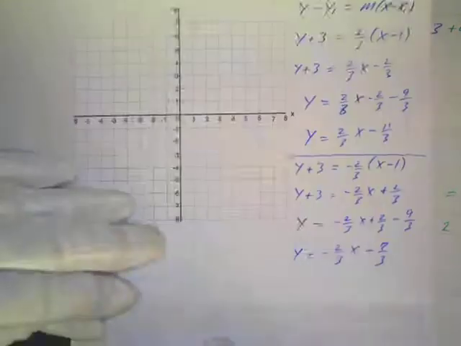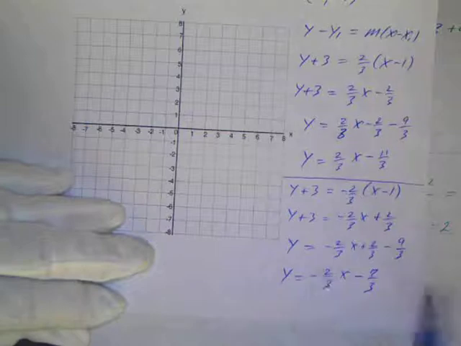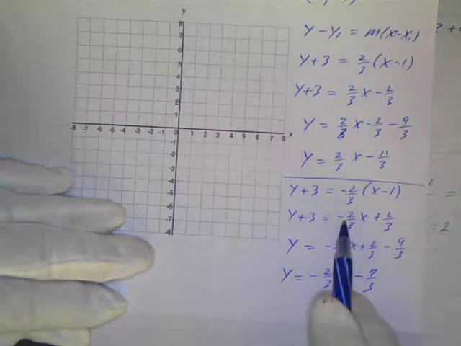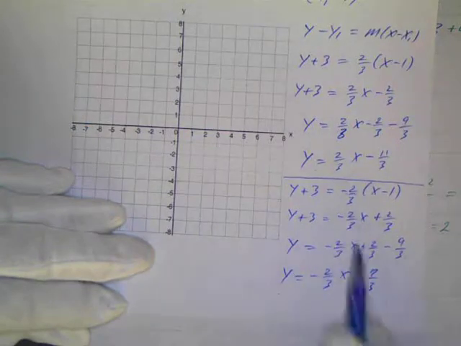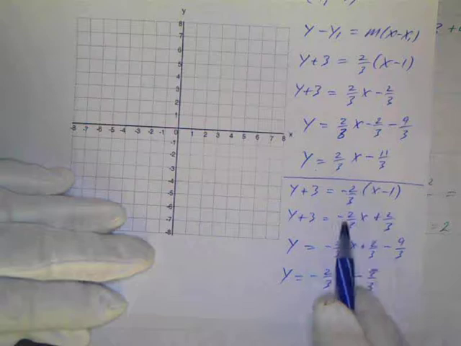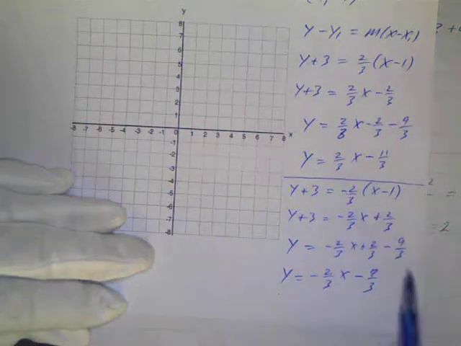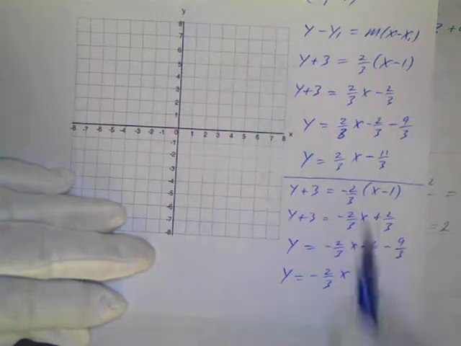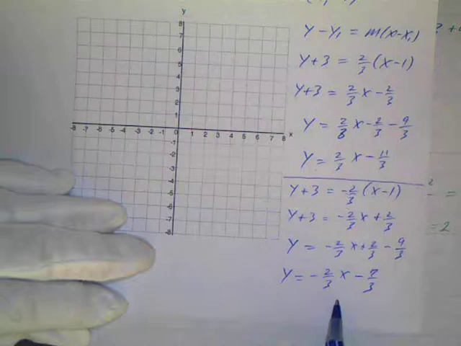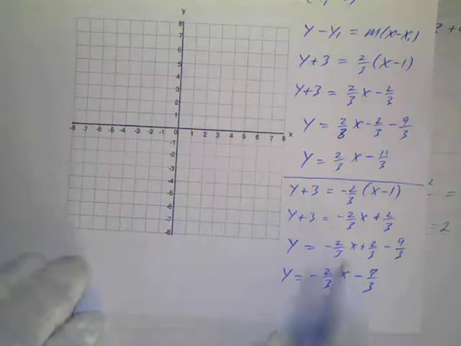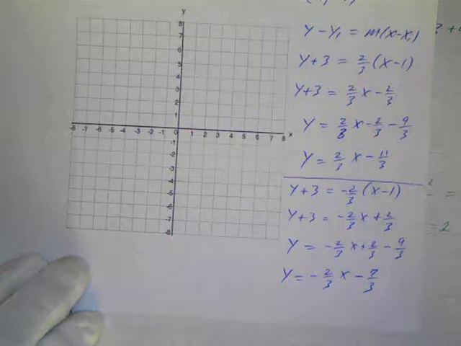And then those are, oh, sorry about that. Okay, so you see over here, we made this change. These are going to be the same. I'm going to do the same thing, but because this is going to be a negative and that's going to make that a positive 2/3, then this is going to be somewhat different. So those are your two asymptotes. Okay, and that's the equation of those two lines.